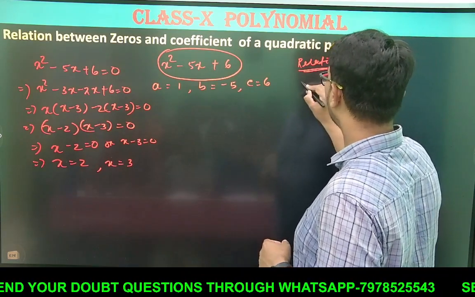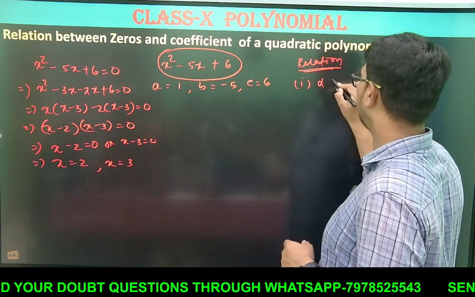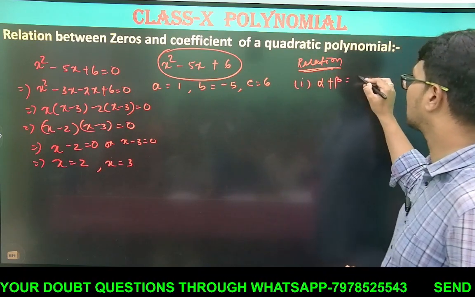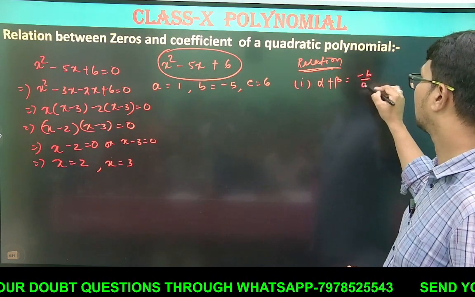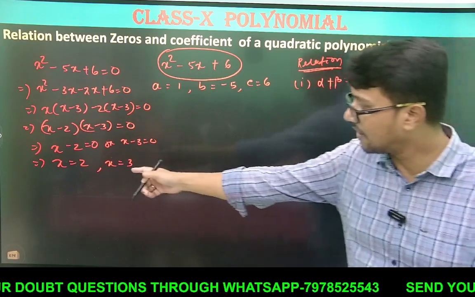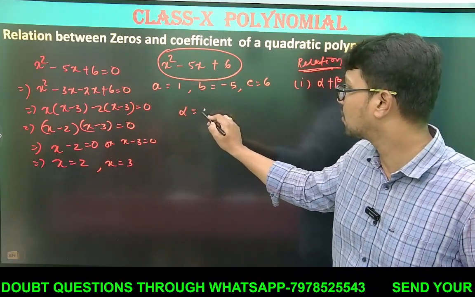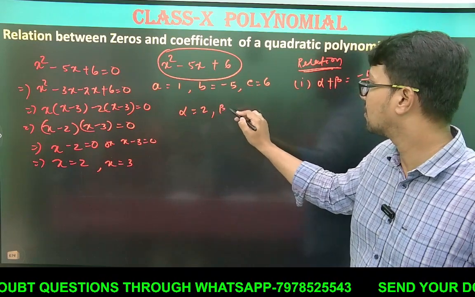The first relation is sum of zeros: alpha plus beta equals minus b by a. Alpha is 2, beta is 3.